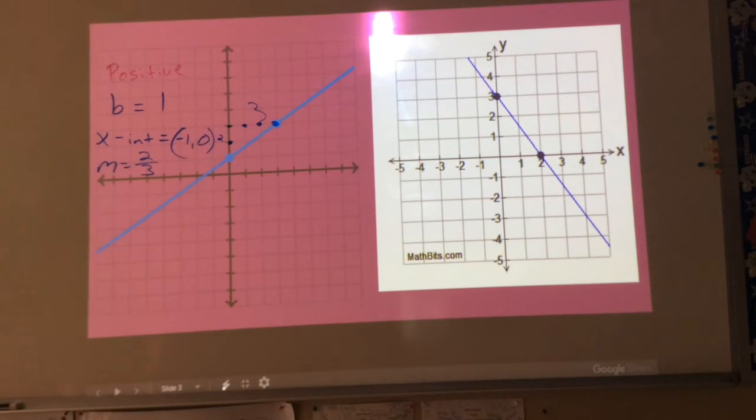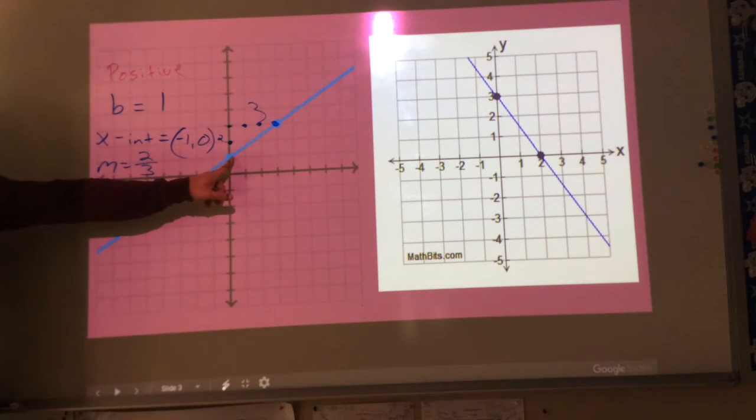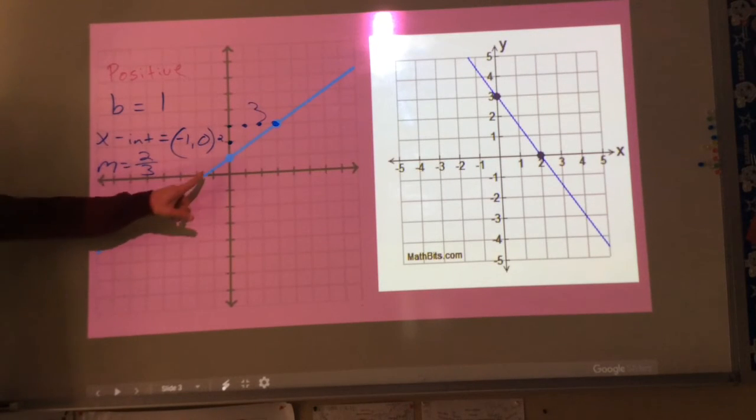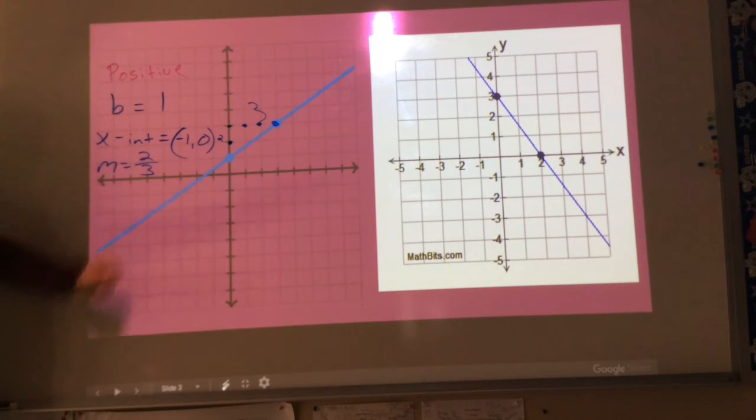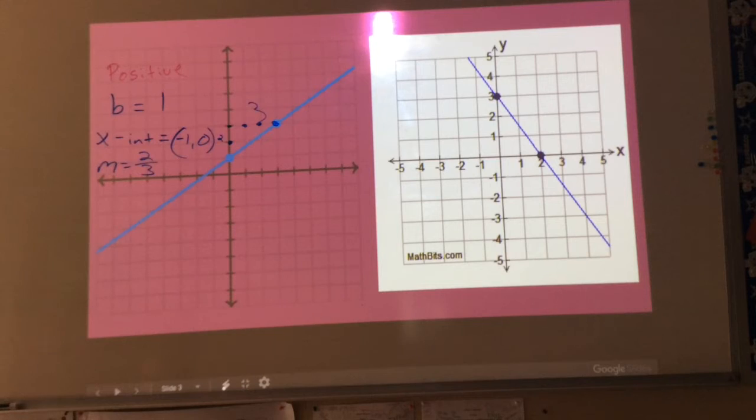Let's be bold now. What's up, Katie? What do you notice? How we got the x-intercept? Do you agree this is the y-intercept because it crosses the y-axis? Well, this is the x-intercept because it crosses the x-axis right here. That's why. Can you put this in slope-intercept form for me? Hayden, you want to do it?